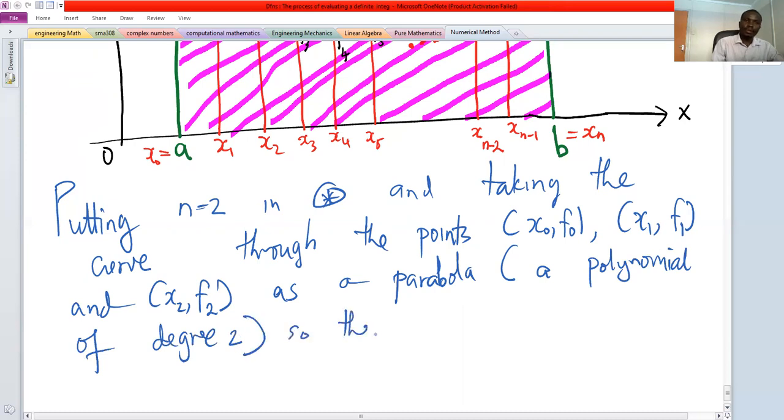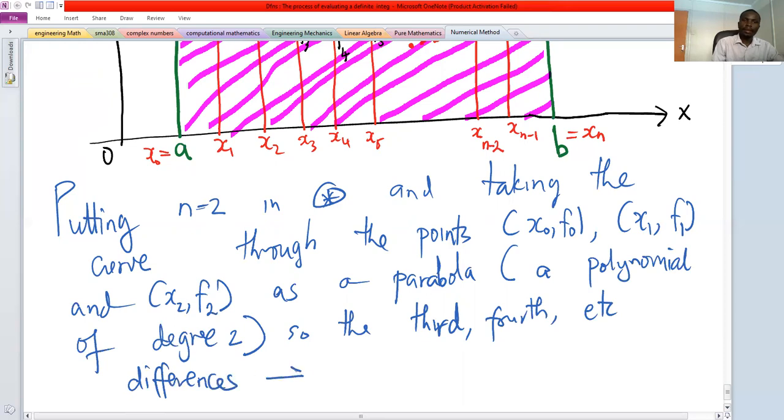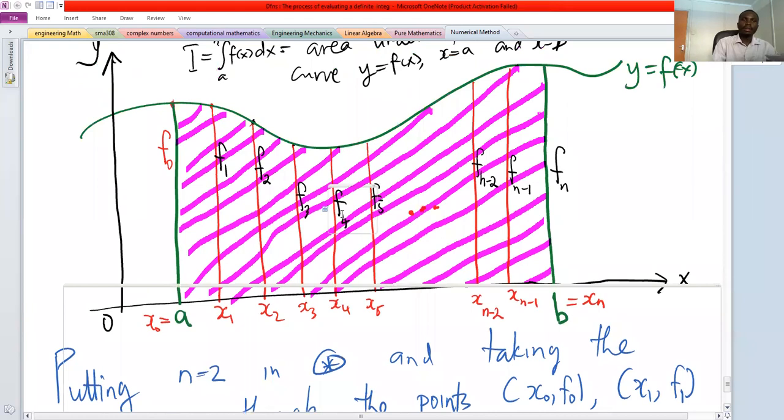So the third, fourth, etc. differences approach 0 or are assumed to be 0. Hence, we have, now this is what I mean: we are taking this point, which is x0, f0.